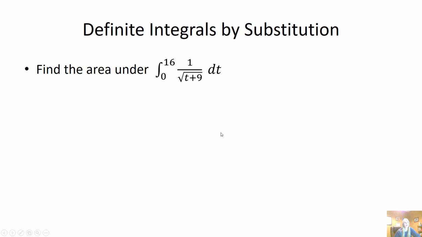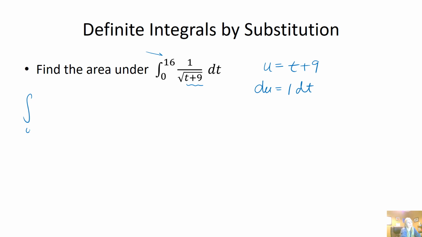Let's do one more. So in this case, I can see that what's in the denominator could be my inside. Notice this one, I'm actually going to do a definite integral where I'm going to find the area. So I'm going to say let u equal t plus 9. The derivative of t is just 1 dt, right? So I can put the 1 because I see it there in the formula.